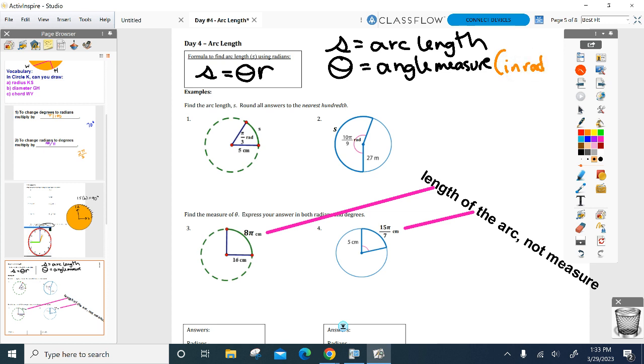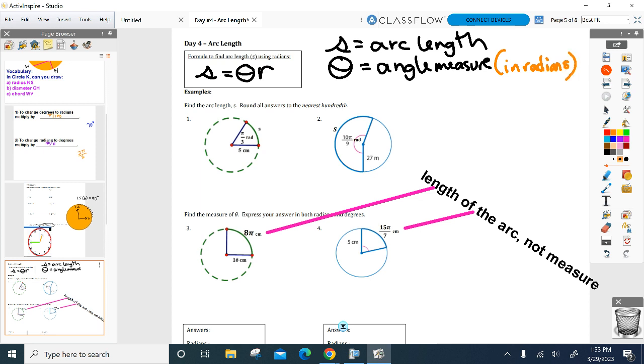If it's in degrees, I got another formula for you from day 2. And then, wild guess, what R is going to mean? Radius length. So there's my formula to find arc length if my angle happens to be in radians instead of degrees.